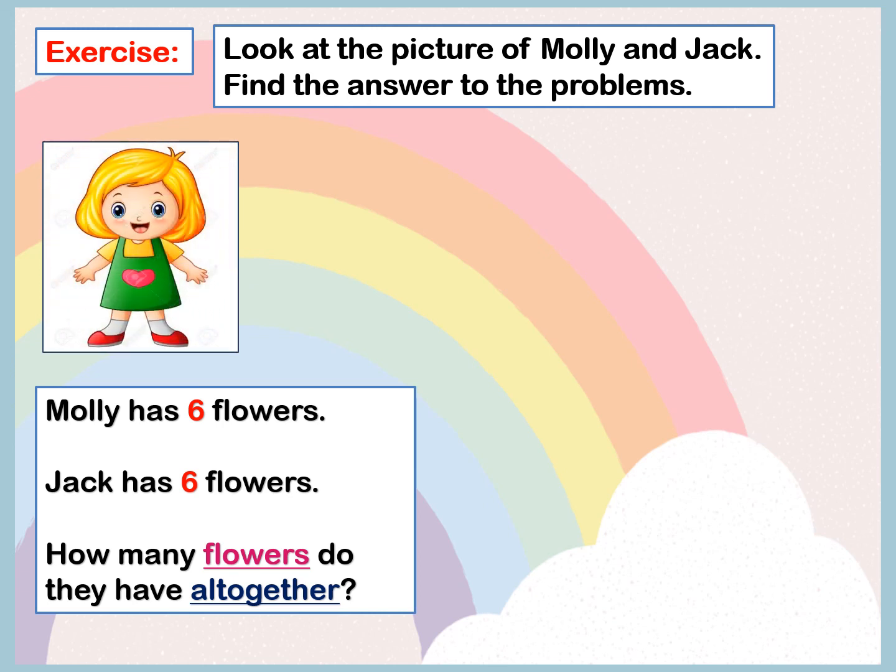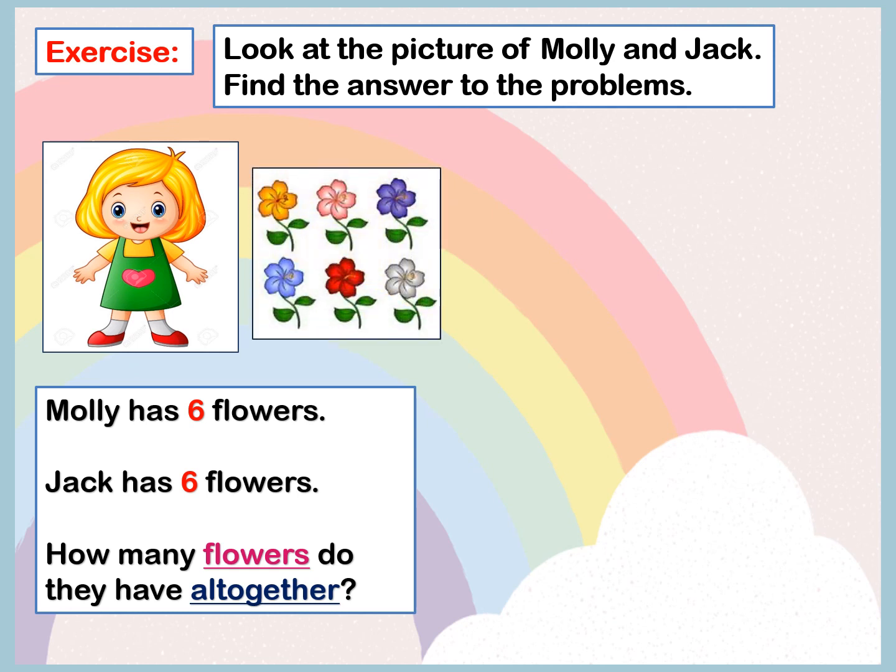Molly is a girl. She's a pretty cute little girl. Now, Molly has how many flowers? She has 6 flowers. Did you hear what I said, kids? I replaced Molly with she.